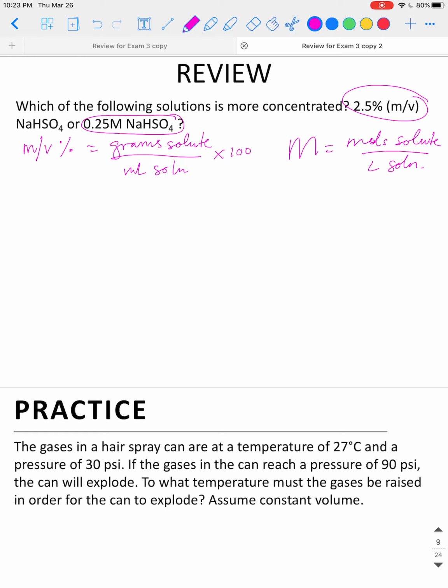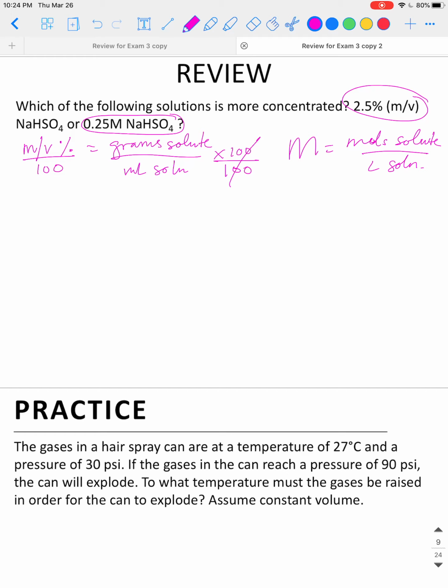I'm going to take mass volume percent and convert it to molarity. Again, you can do it either way. First I'm going to get rid of this 100 by dividing both sides of the equation by 100.